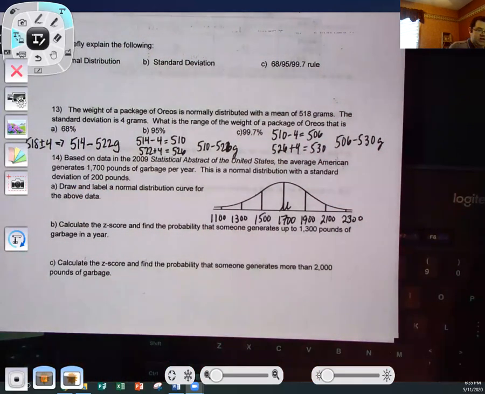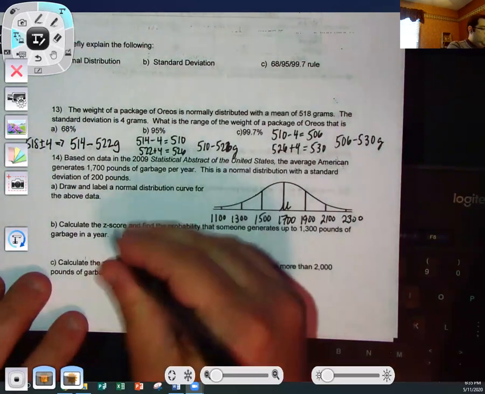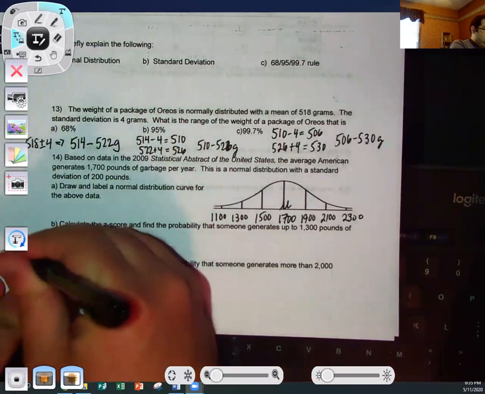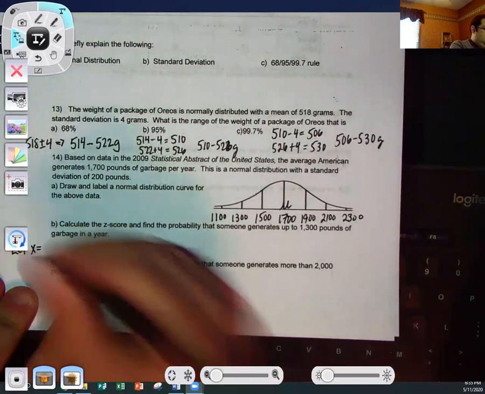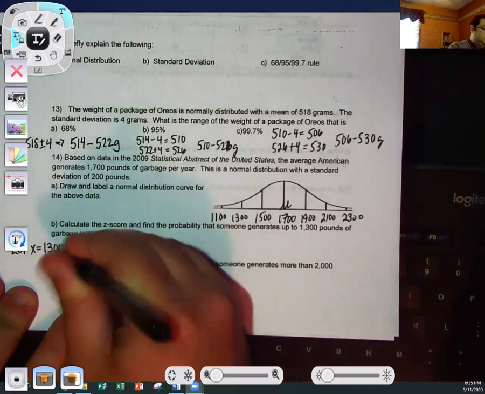So now they want us to calculate the z-score and find the probability for somebody that generates up to 1,300 pounds of garbage. So we're going to let x equal 1,300 pounds of garbage.